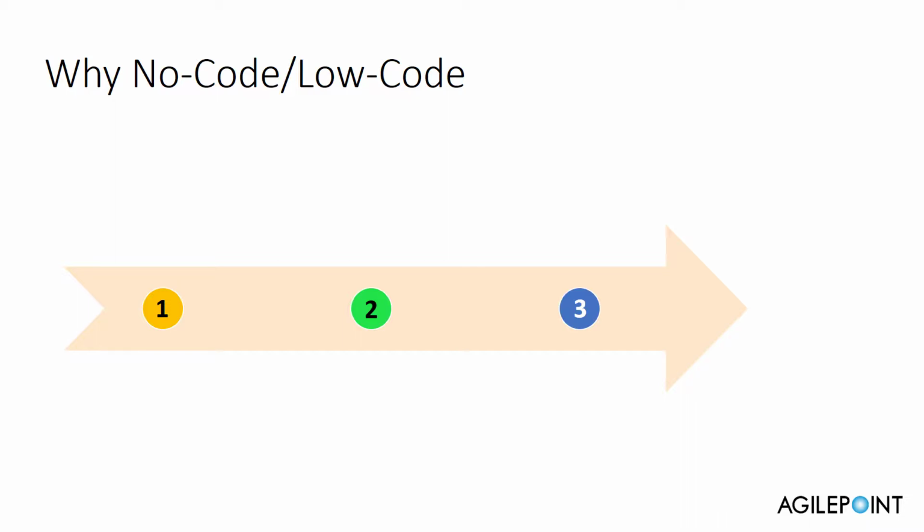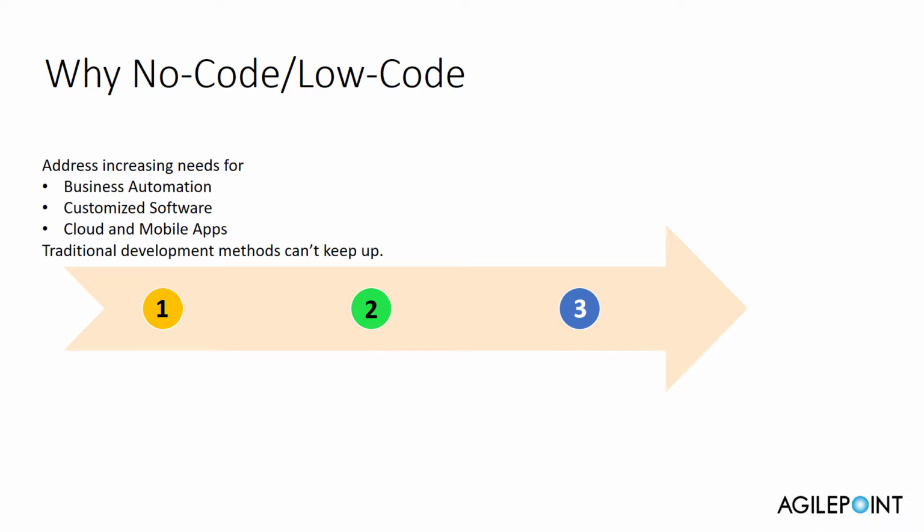So let's talk a little bit about the types of challenges that AgilePoint as a platform is solving for our customers. Well, the first of which, in this era of digital business transformation, there's simply a need for more software than most of our customers are able to deliver. We need to automate the various internal and customer-facing processes that help us run our business and deliver a delightful experience to our customers.